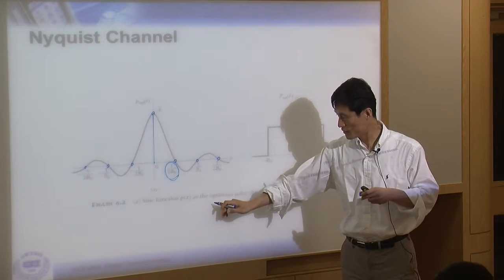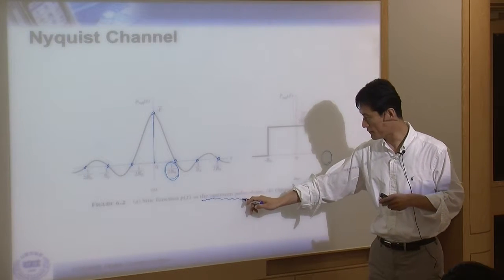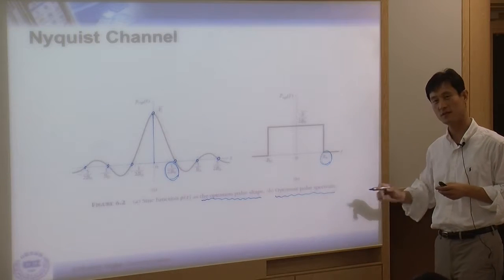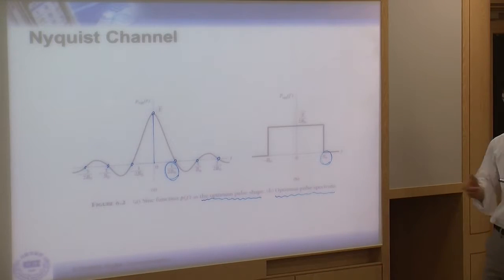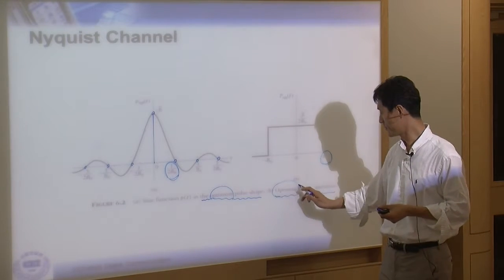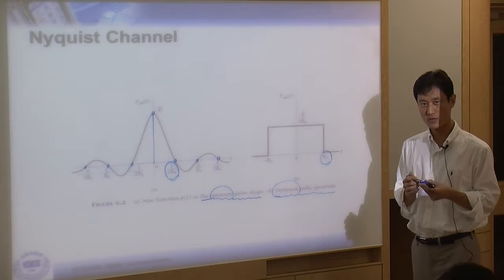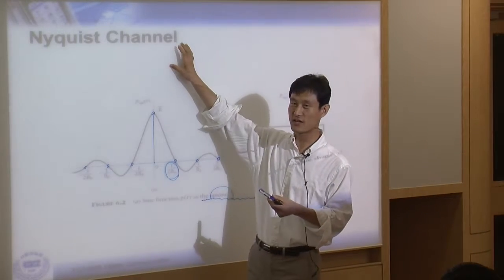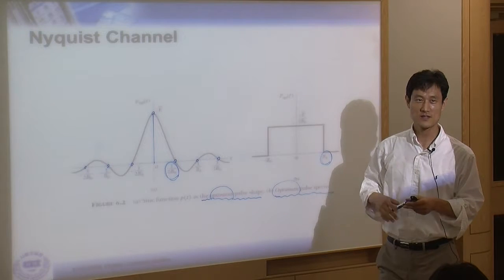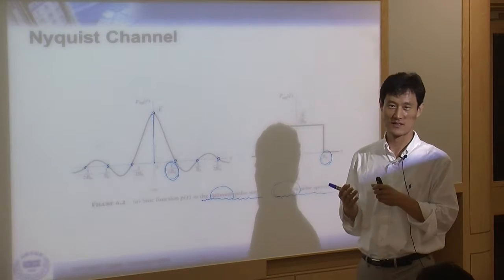One thing you want to remember here is that it says optimum pulse shape. It also says optimum pulse spectrum. Every time you see Nyquist channel, it says optimum. Optimum means best.